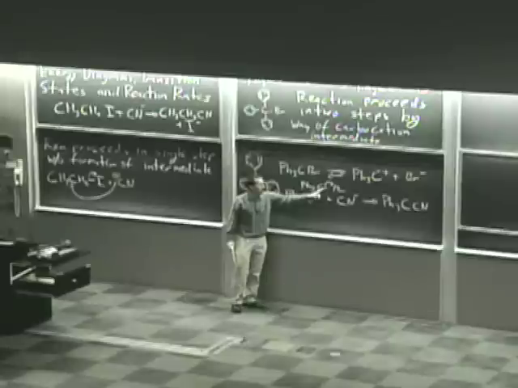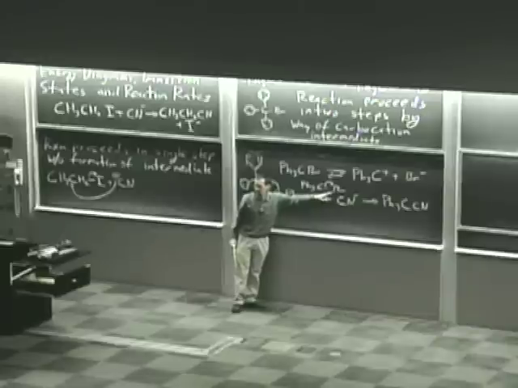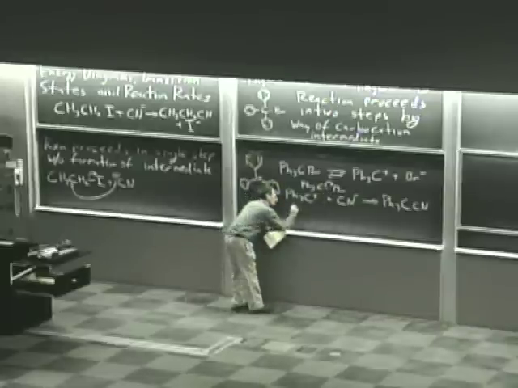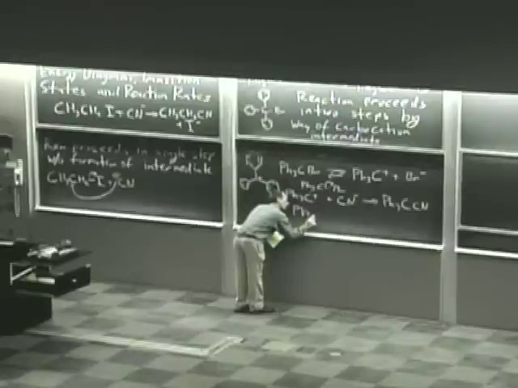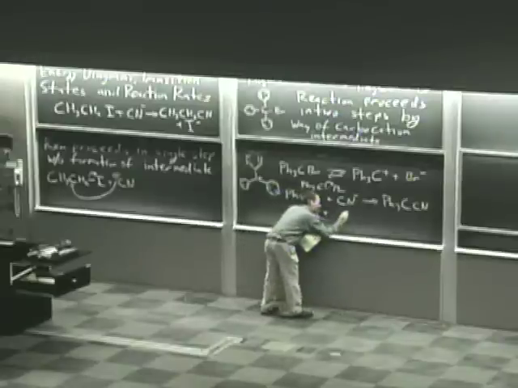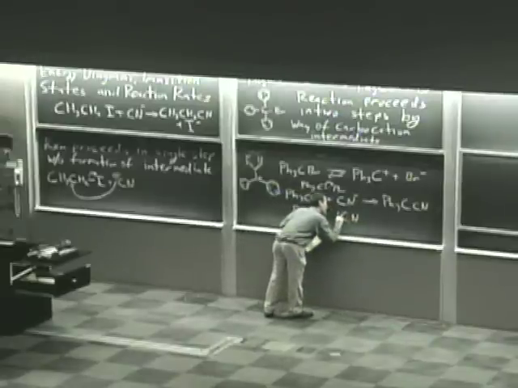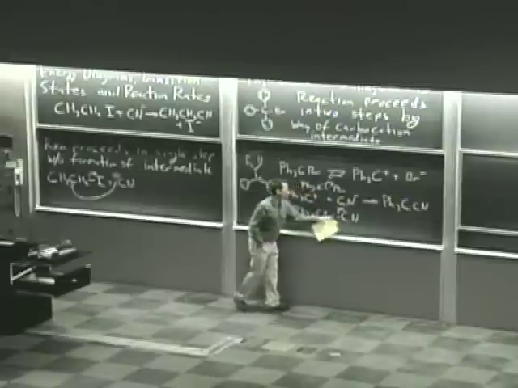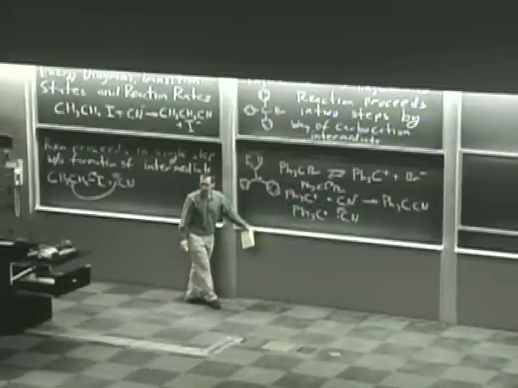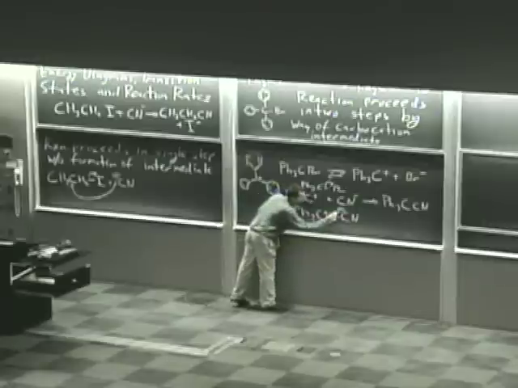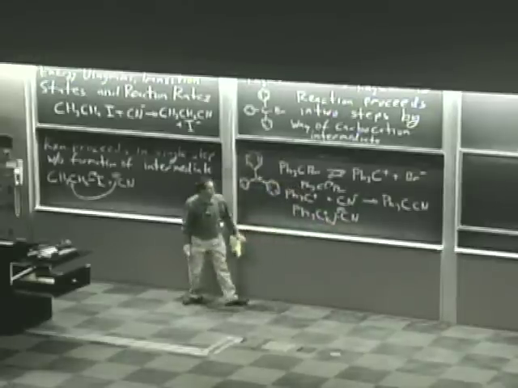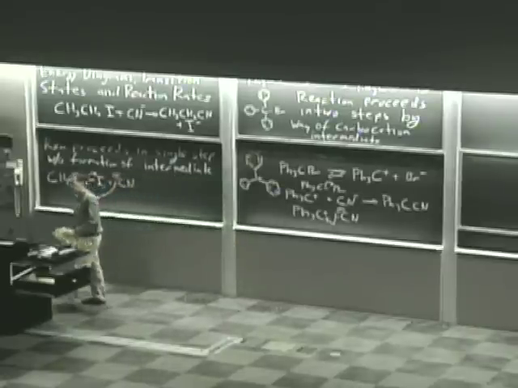In this step, electrons left from a bond to go on to bromine to give bromide anion. In the next step, here's our carbocation, here's our cyanide anion. Electrons flow from the cyanide anion to the carbocation carbon, and I'll draw that with a curved arrow again, to form a new carbon-carbon bond.